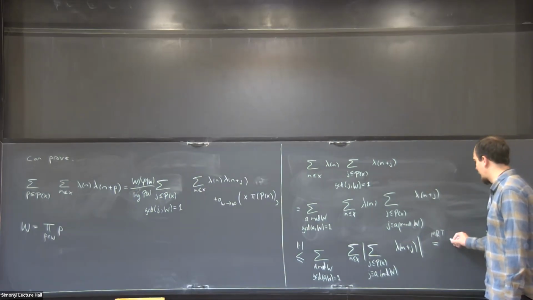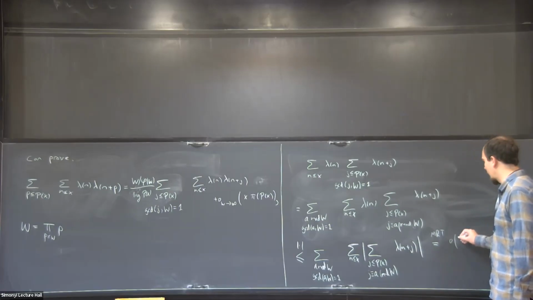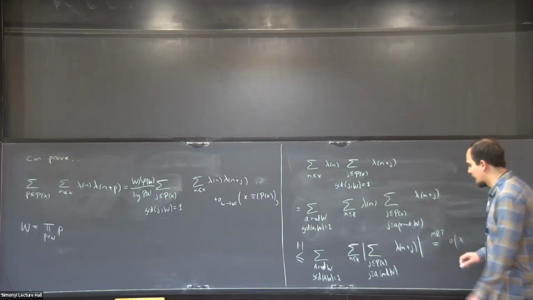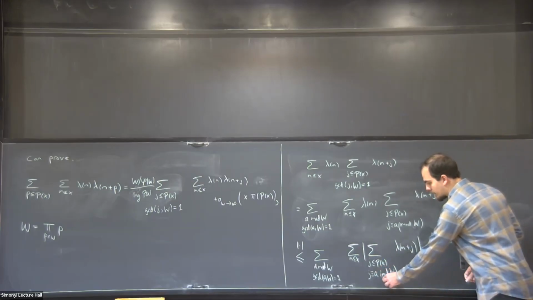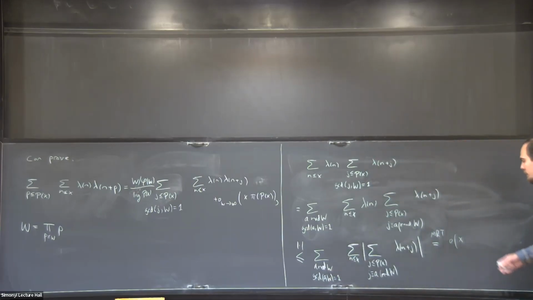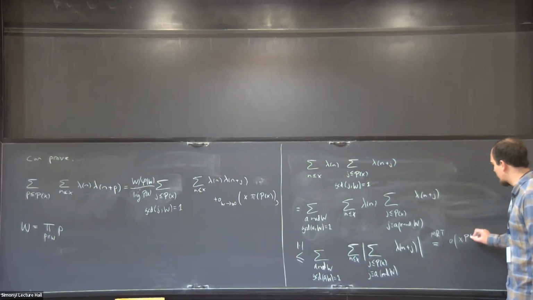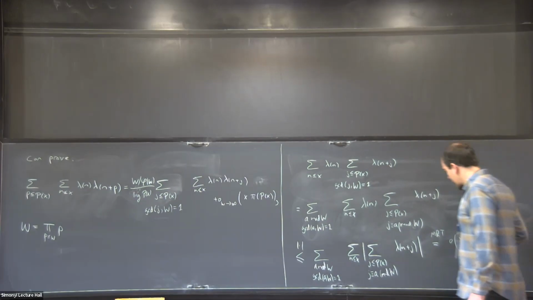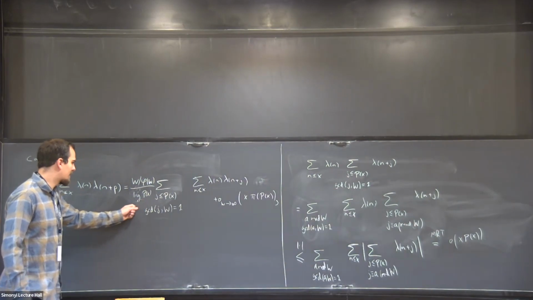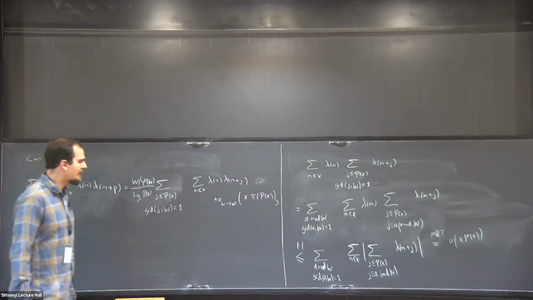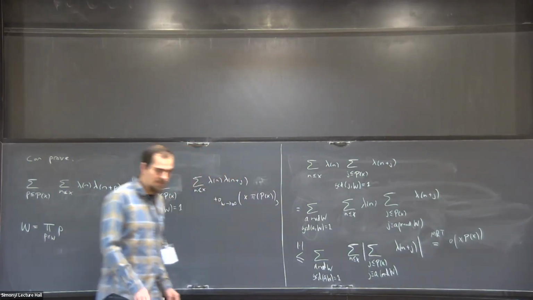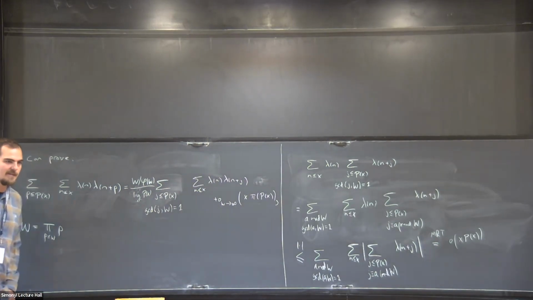So little o of x times, so the number of terms here is px divided by W, but W we think of just as a fixed number, multiplied by little o of x times px. And there's the extra factor of log of px here as a normalization factor. And therefore, when you take this into account, it's really little o of x times the number of primes up to px, which is what we wanted.